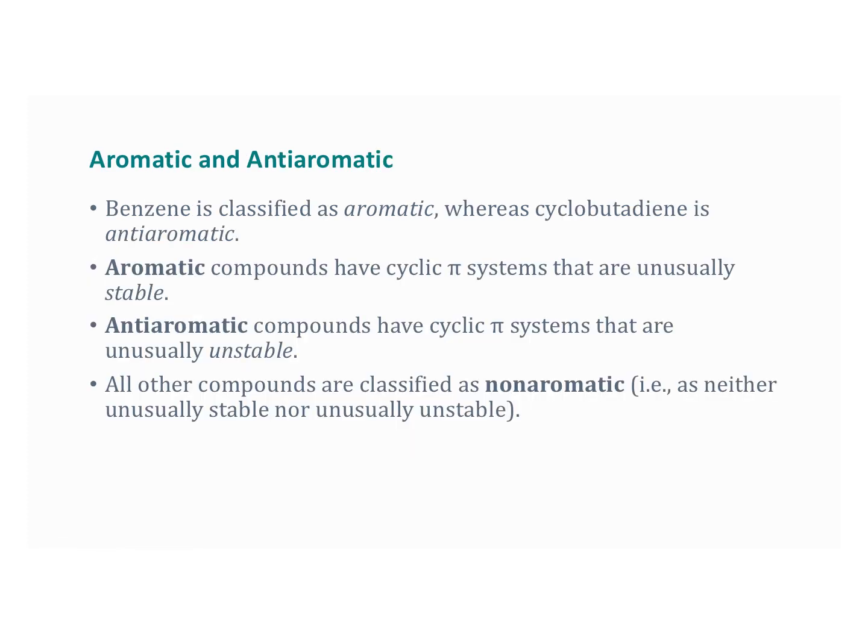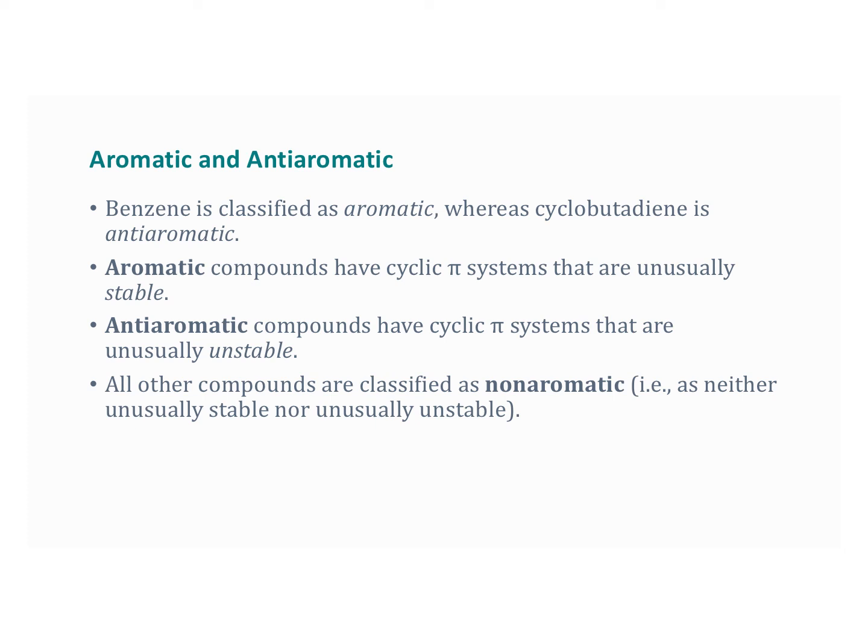Well, benzene and cyclobutadiene are members of 2 separate classes of compounds, and these 2 different classes of compounds exhibit different characteristic behavior. Benzene is going to be classified as aromatic, and cyclobutadiene is classified as anti-aromatic.